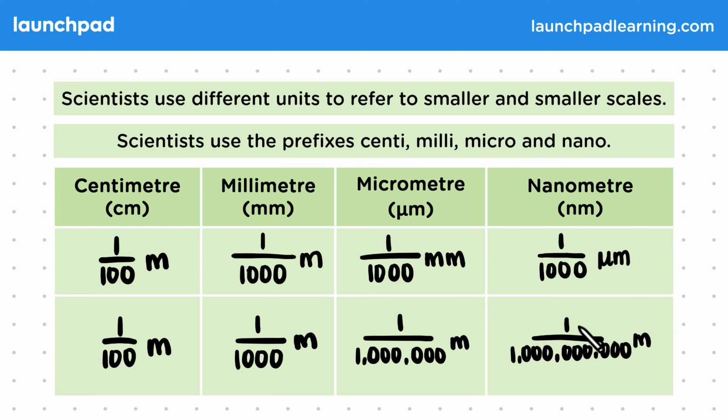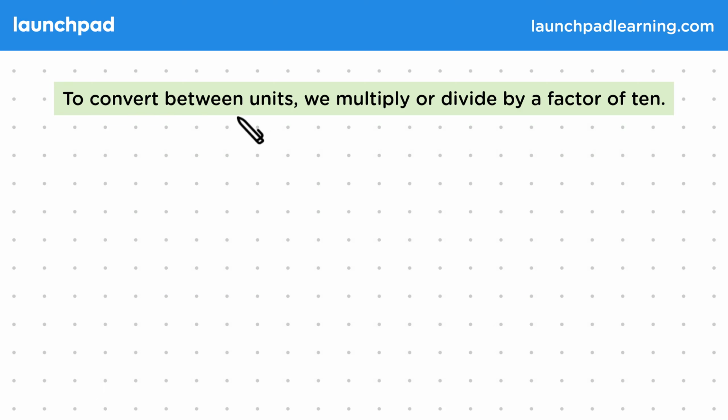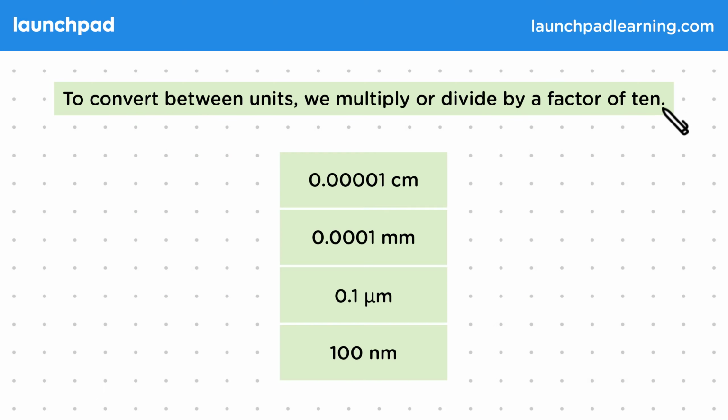How do we convert between units? To convert between units, we multiply or divide by a factor of 10. So if we wanted to find the value 0.00001 centimetres in millimetres, we multiply this value by 10. If we want to then convert from millimetres to micrometres, we multiply by 1000.